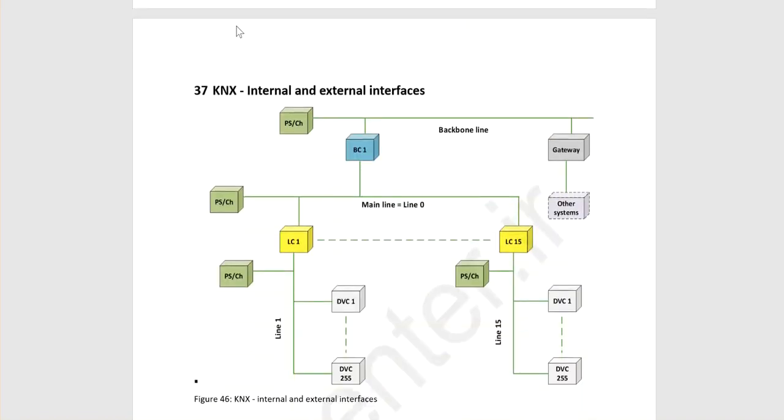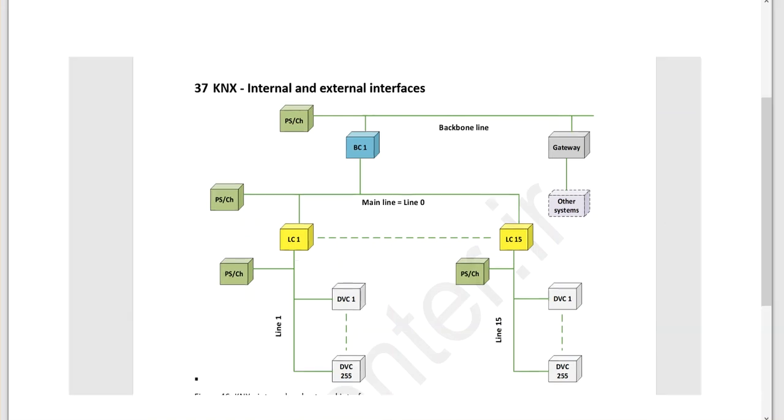The next concept is that in KNX you can connect the gateway anywhere. But remember that it's better to connect the gateway or the monitoring system to the main line if you have one area, or the backbone line if you have several areas. But why?